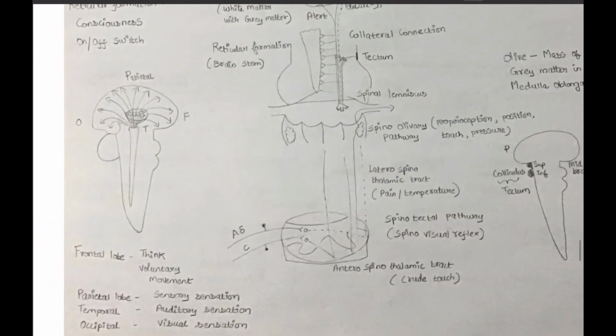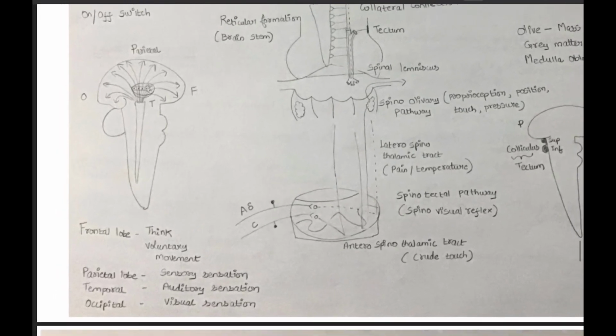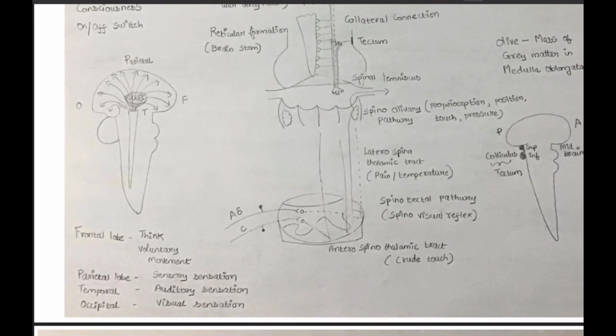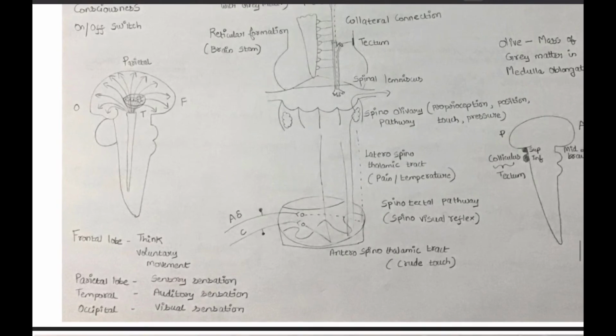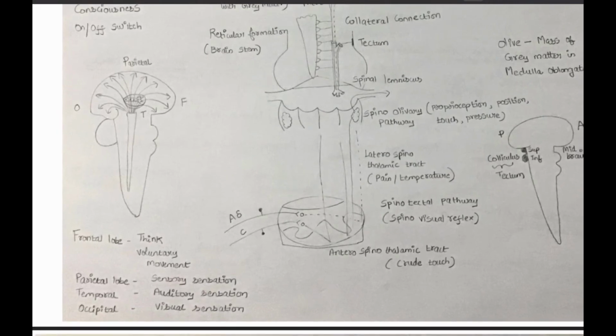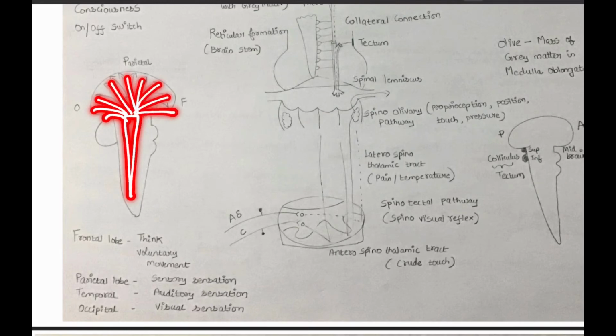So on and off switch means this reticular formation is on during consciousness, that is during the daytime, and it is off during night time, that is when we are in deep sleep. This reticular formation also goes to sleep. So whatever signals it receives will be transmitted to all the cerebral cortex without missing any part.